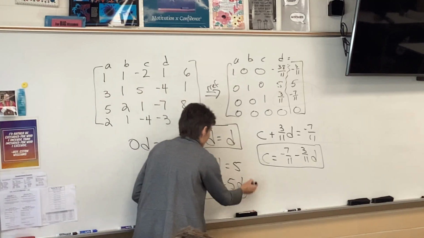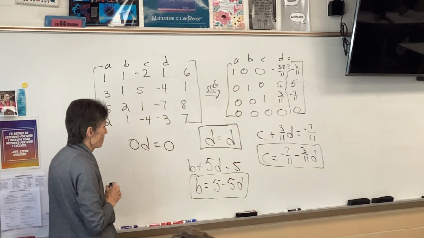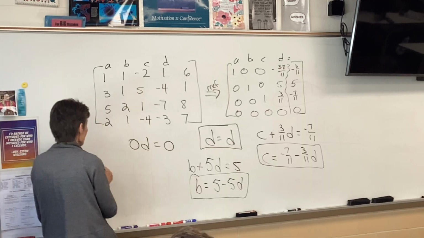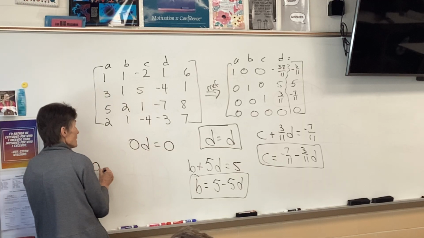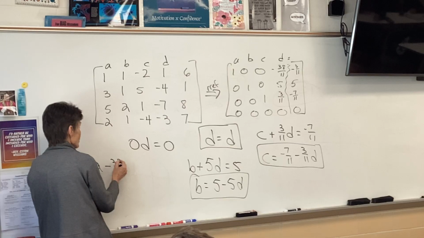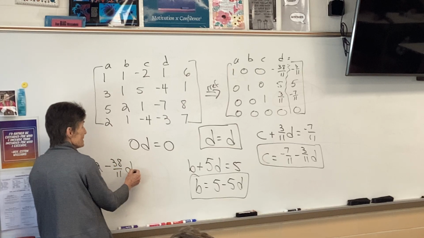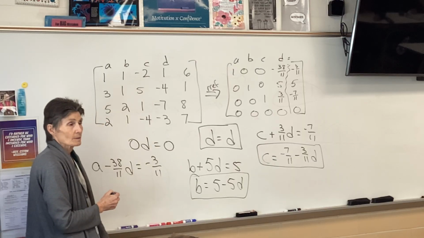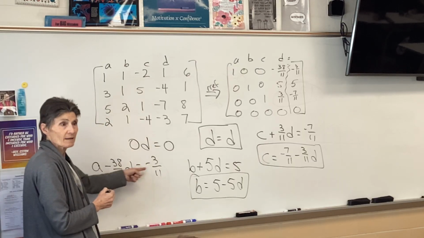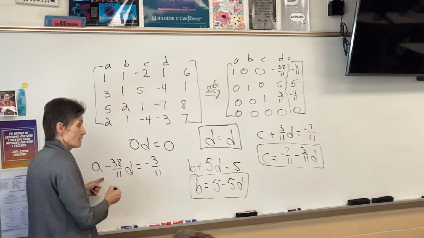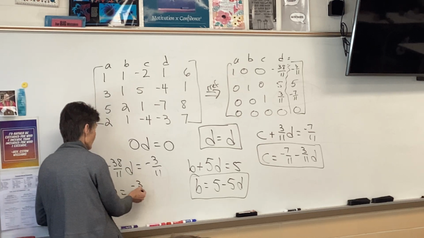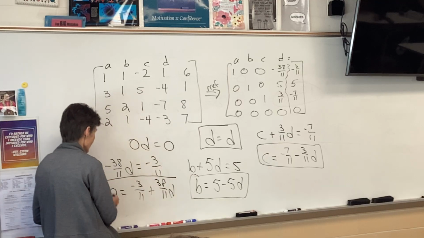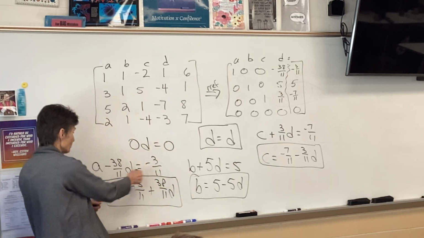Order doesn't matter. And then finally, what does the top row say? A minus 38/11 D equals negative 3/11. Is everybody getting where I got that from? So what does A equal then? Negative 3/11 plus 38/11 D. Just get A by itself, move that to the other side.